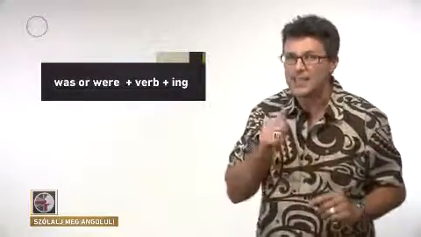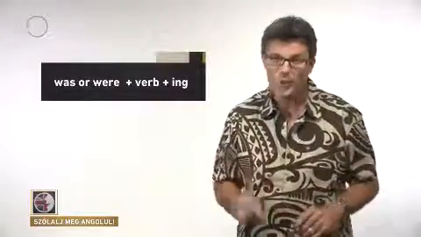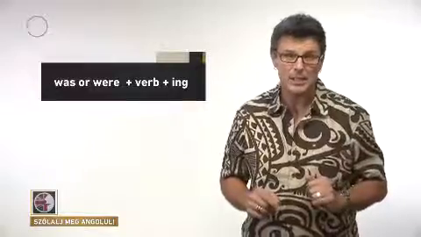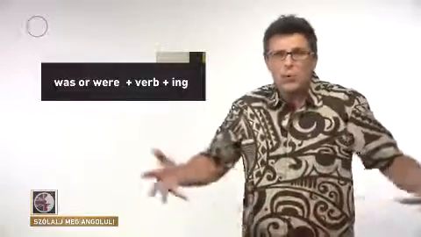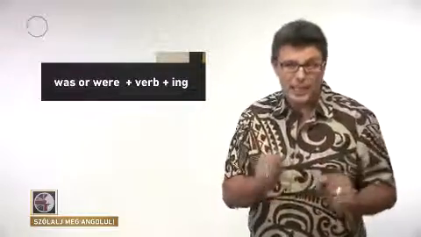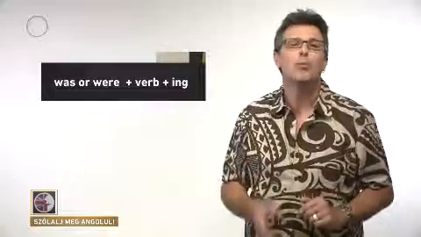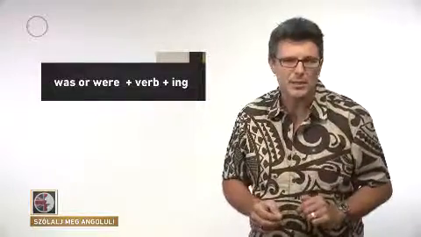If the subject is I or the third person singular, then we use was. If the subject is not I or the third person singular, then we use were. Great. Now, after we've decided which correct form we need, was or were, then we add a verb with ing on the end of it.